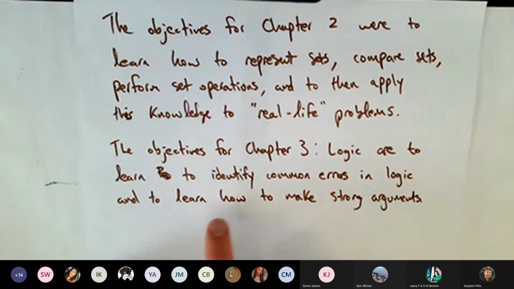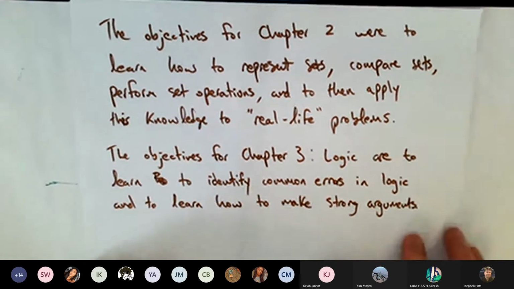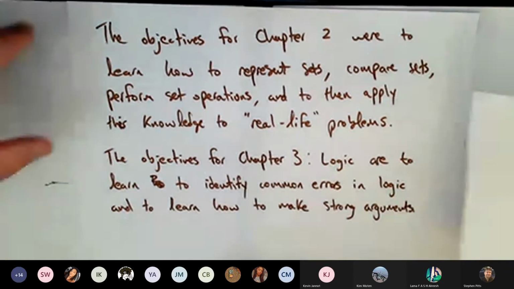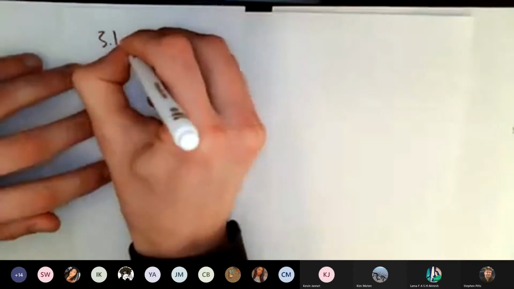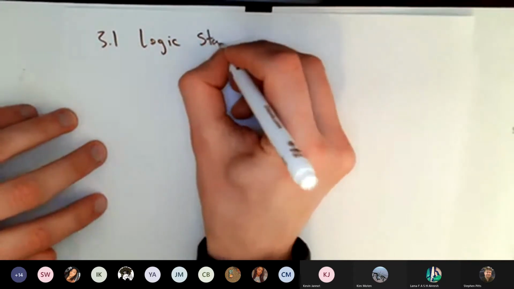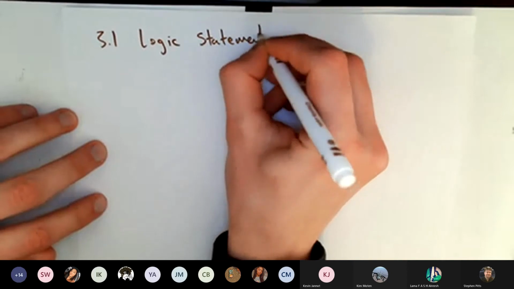And more generally, just how to make stronger arguments. Maybe you're not debating, but just how to make stronger arguments in general. So that's vague. Let's just get straight into it so you can start to see what I'm talking about with section 3.1, which is logic statements and their negations.